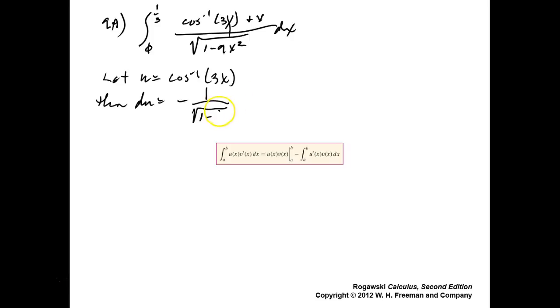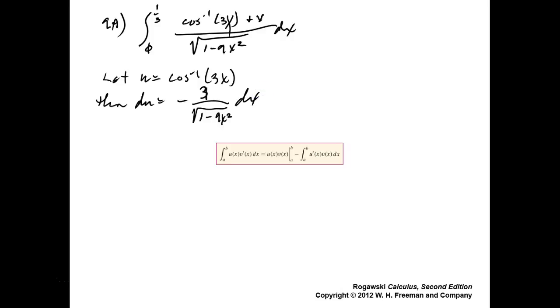So 3x would be 3x squared, which would be 9x squared, right? Then you'd have to use the chain rule on that, the derivative of 3x would be 3. So I'll put that 3 up in the numerator. And then this would be a dx.